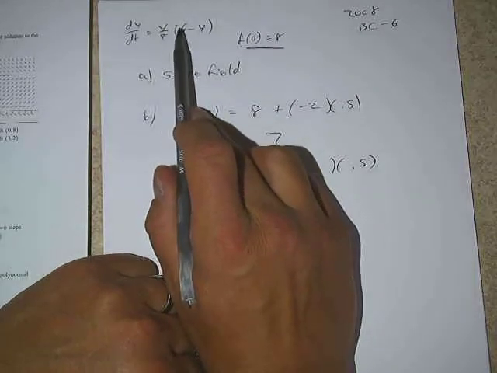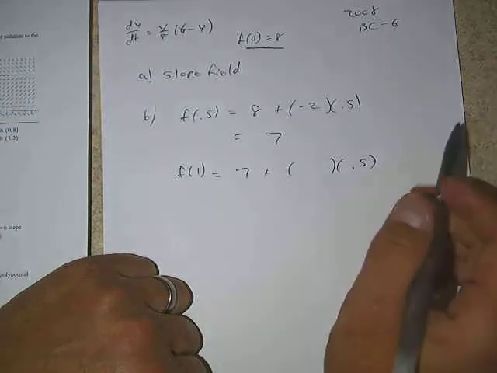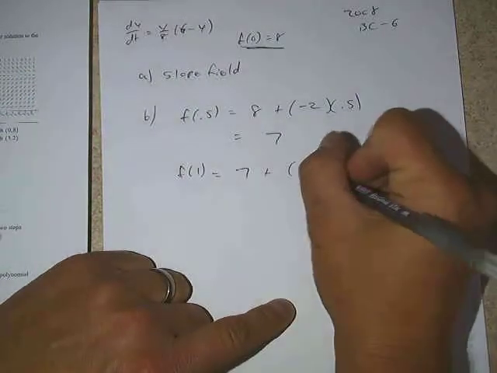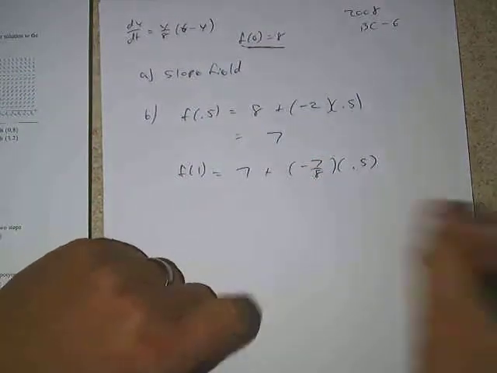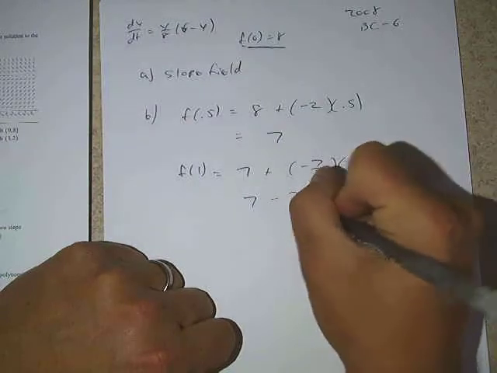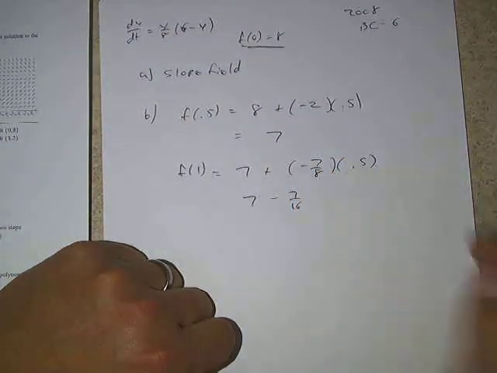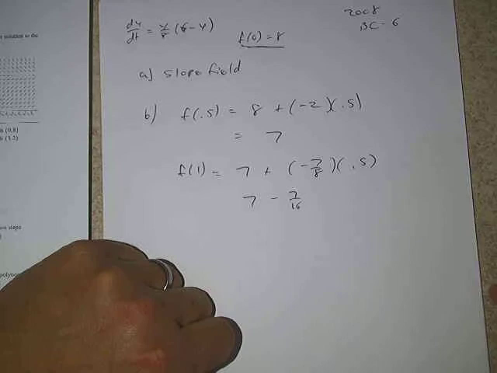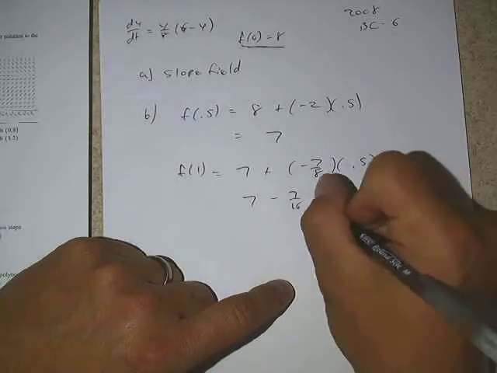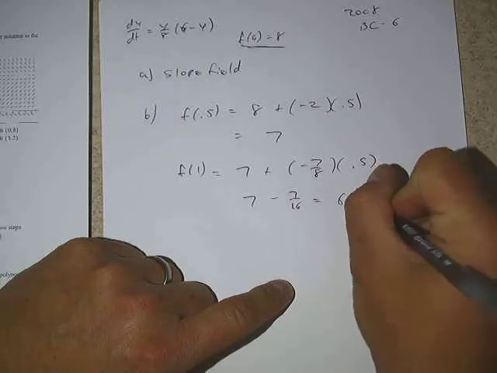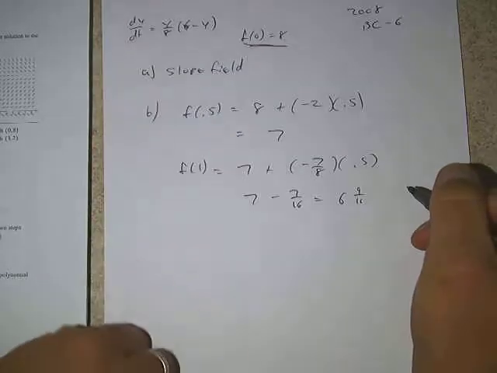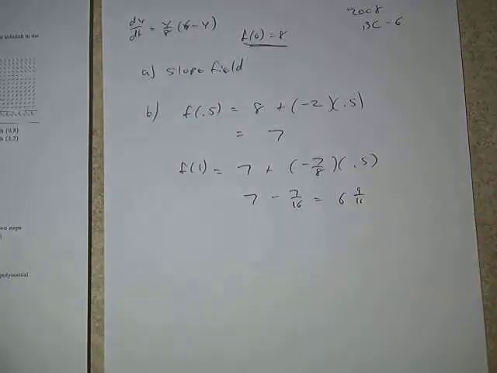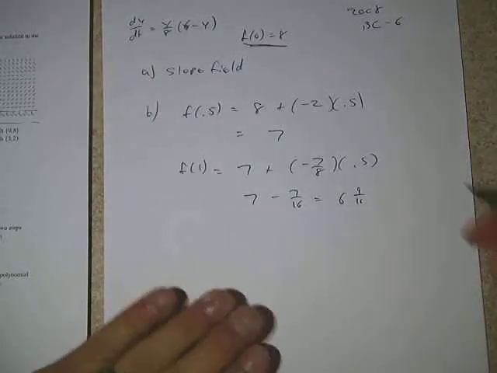Then if we want to go to f of 1, we have our 7 plus something times 0.5. The something that goes in here is the derivative at the new point, which is (0.5, 7). In our case, that 0.5 doesn't really matter because the derivative doesn't depend on x, only on y.